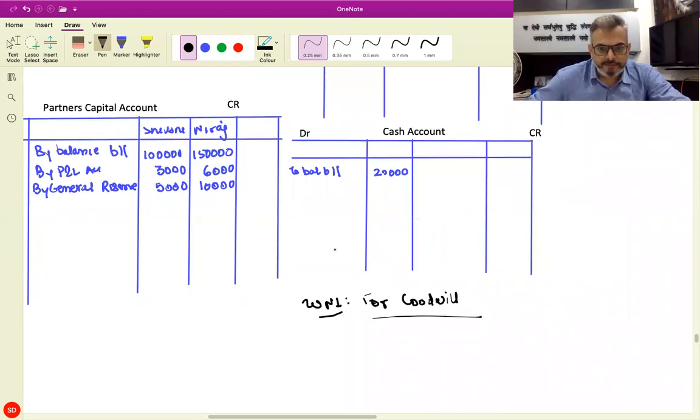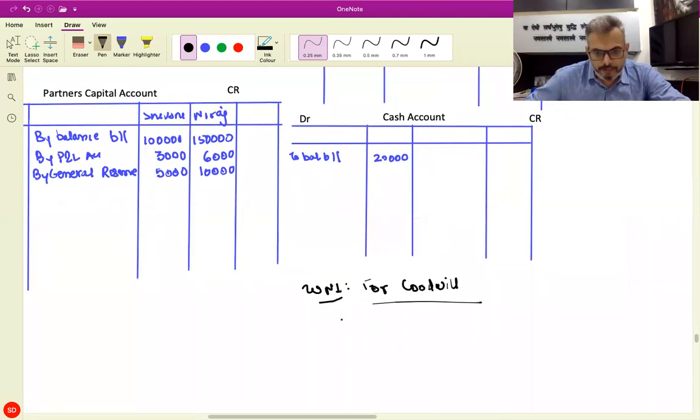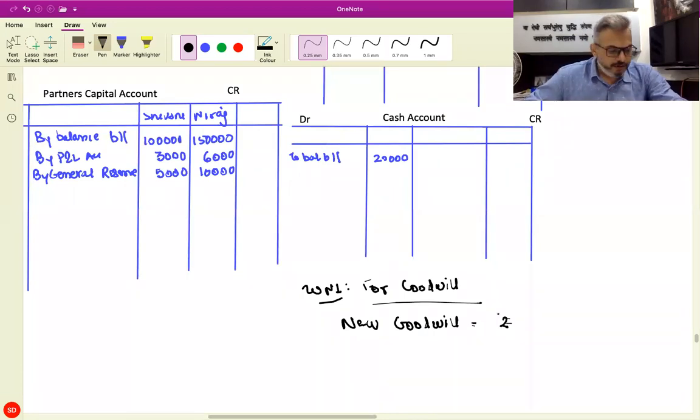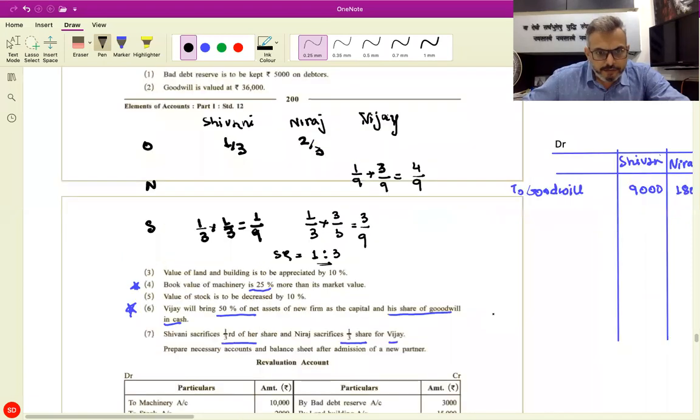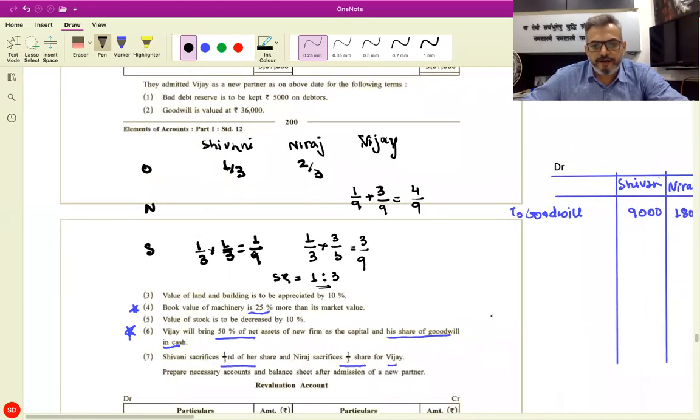Now new goodwill is equal to rupees. What is the value of goodwill? Goodwill given is, let's check, goodwill is 36,000.